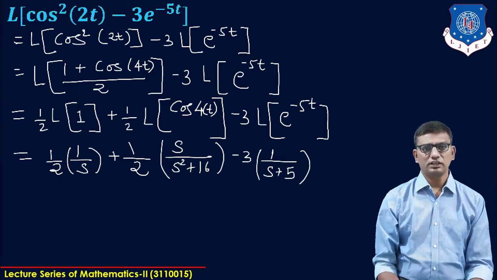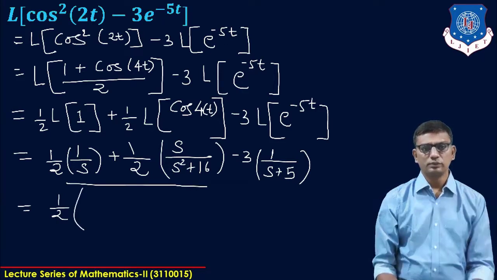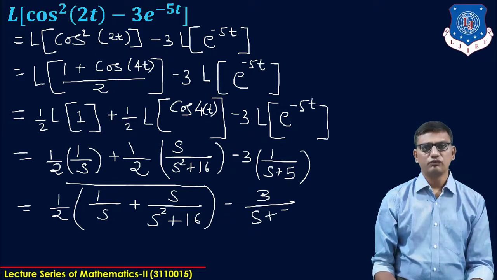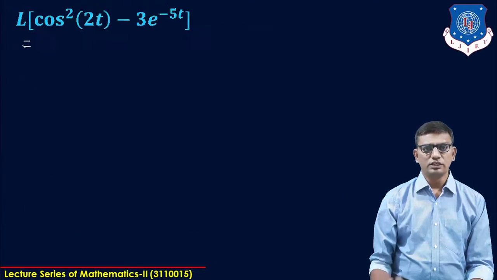So this is the Laplace of our function, and now we simplify it, then we get 1 by 2 common from the first two terms, then we get 1 by s plus s upon s square plus 16 minus 3 by s plus 5. That is our phi of s, which is the Laplace of the given function, Laplace of cos square 2t minus 3 e raised to 5t.